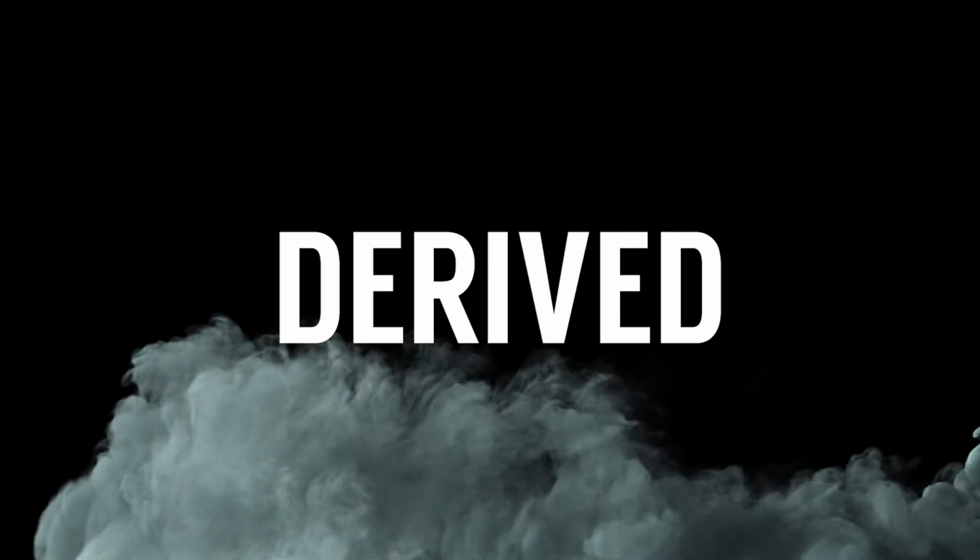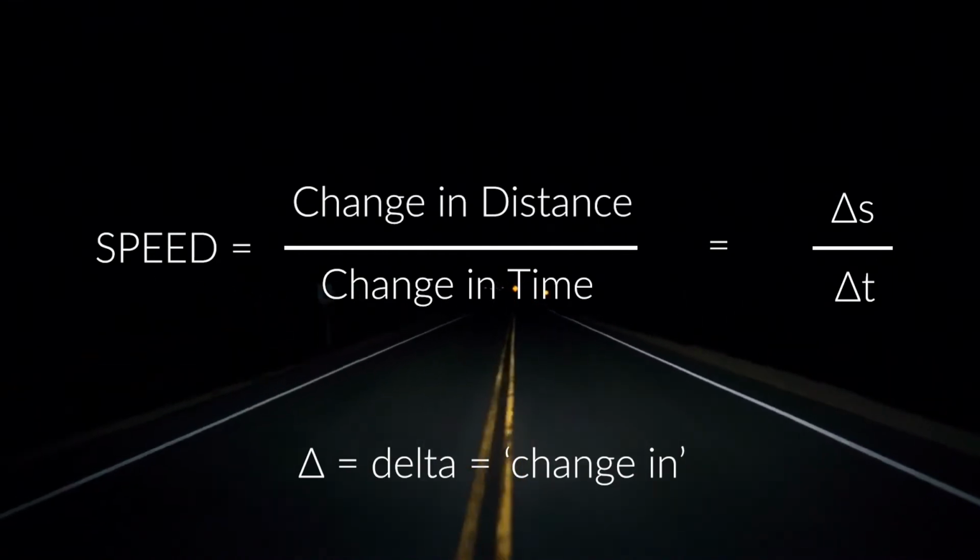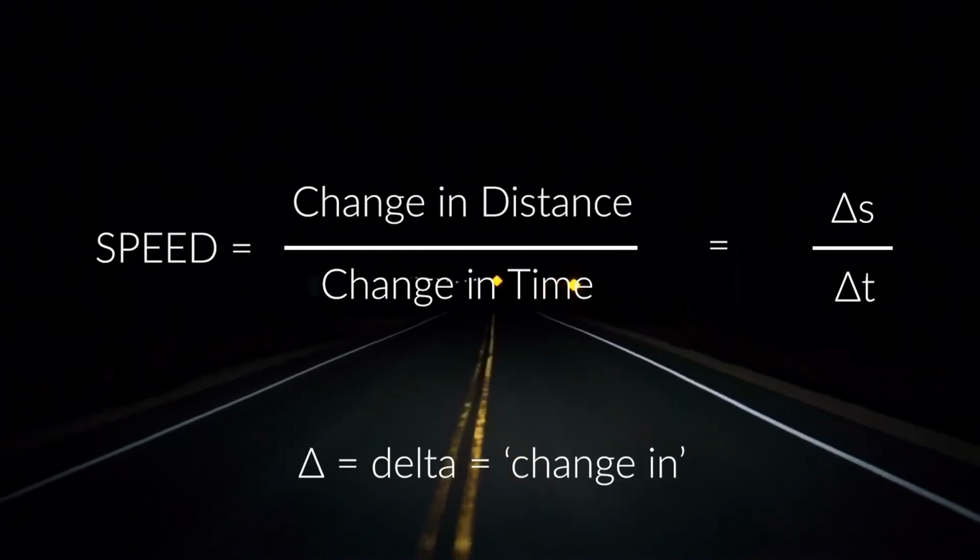So now that we've talked about base quantities and units, we should also talk about derived quantities and units. Derived quantities, as the name suggests, are derived from a combination of the base quantities. Different combinations would give us different derived units, and those would represent different derived quantities. So for example, if we look at speed, speed is a measure of how fast an object is moving. So the formula is distance over time.